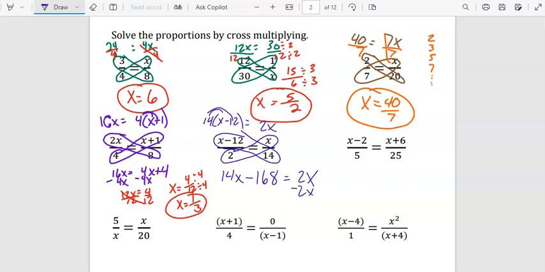Subtract 2x from each side. 12x equals 168. Divide each side by 12. And then you get x equals 14.